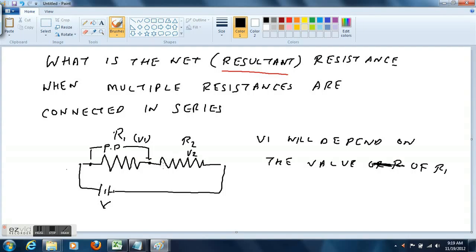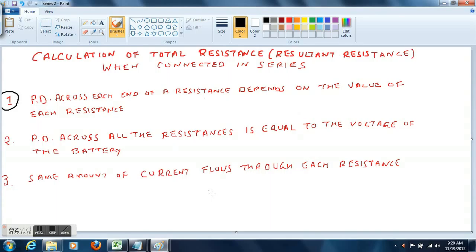The potential difference across a resistance which is connected in series will depend on the value of that resistance. You should remember that when multiple resistances are connected in series, the potential difference across a resistance will depend on the value of that resistance, and we will examine this in more detail.